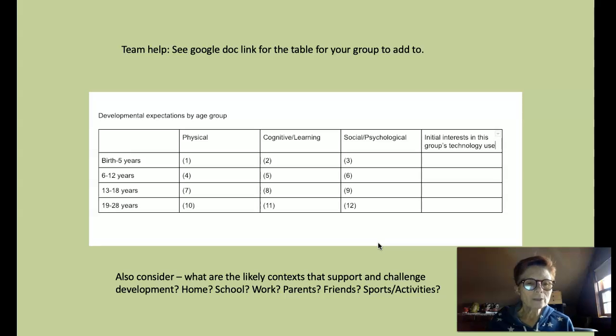So do a little bit of a cheat sheet for yourself and consider the 4 different age groups, and then what are some of our expectations for their physical, their cognitive and learning development, their social psychological development, and then generally any tips about our observations, or any of our major considerations with regard to their technology use. So again, just a cheat sheet for your own study.